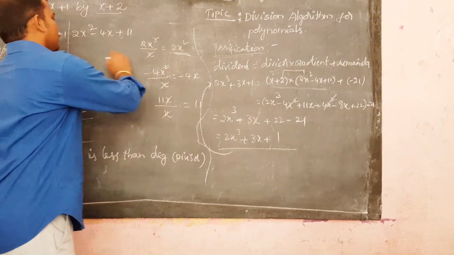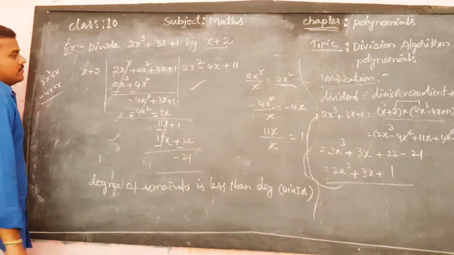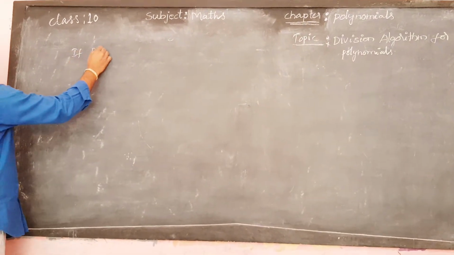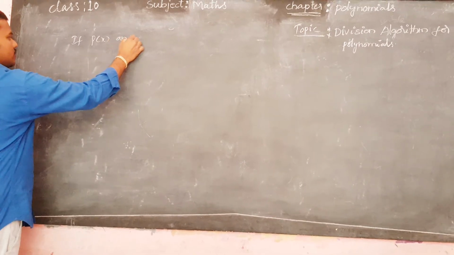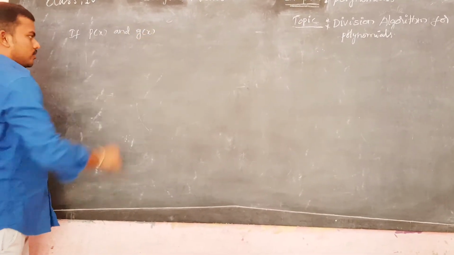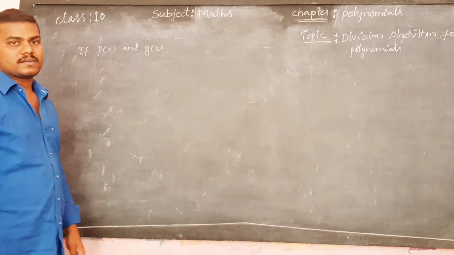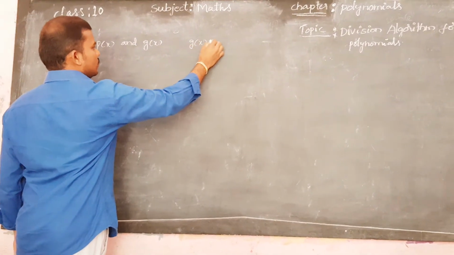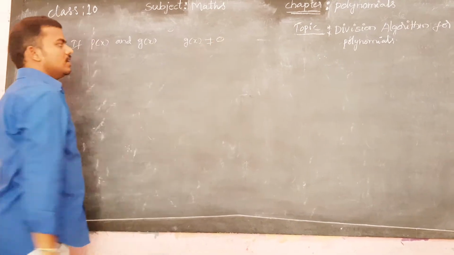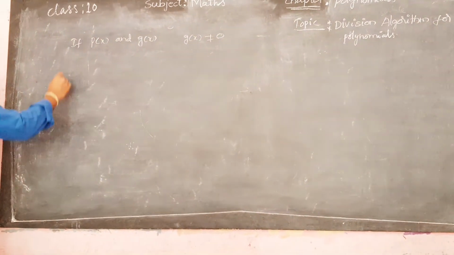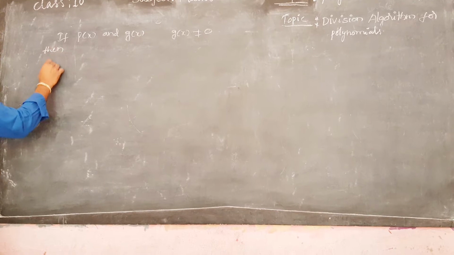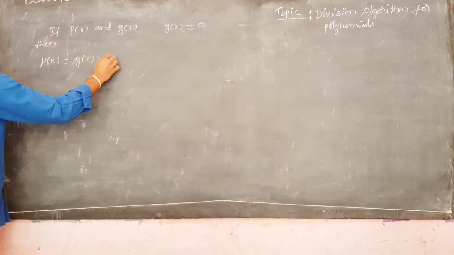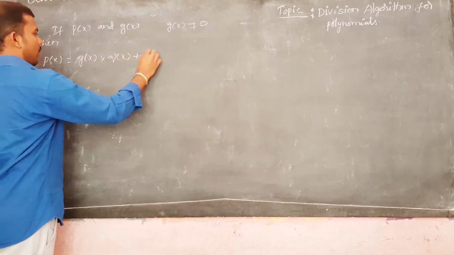So our division is correct. If p of x and g of x are two polynomials with g of x not equal to 0, where g of x is the divisor, then p of x is equal to g of x into q of x plus r of x.